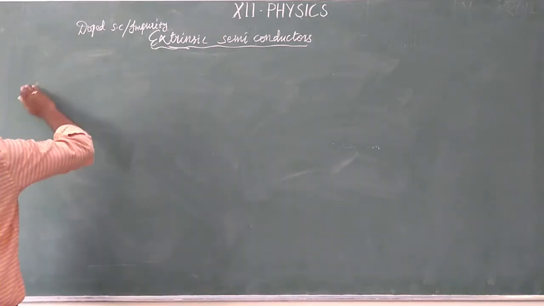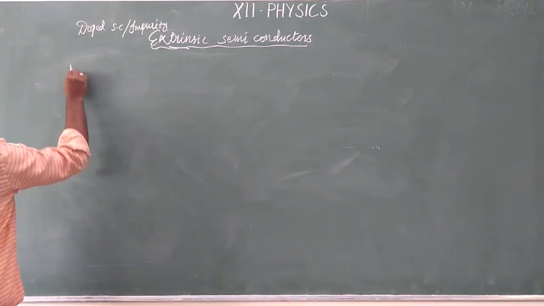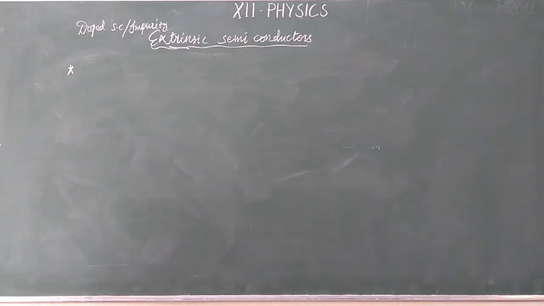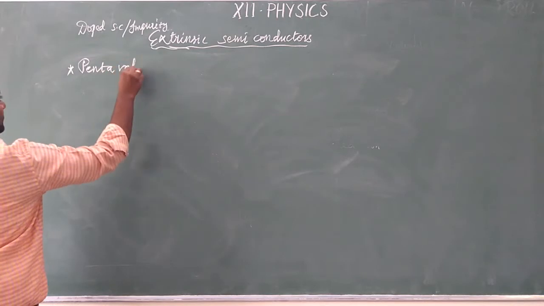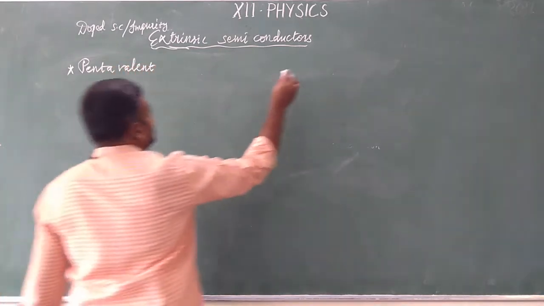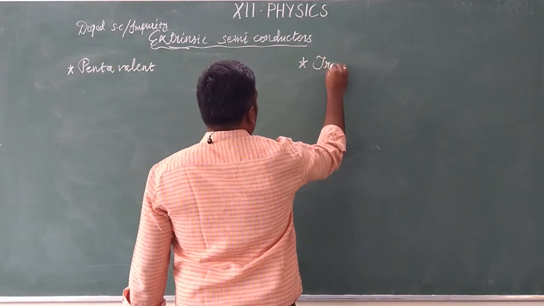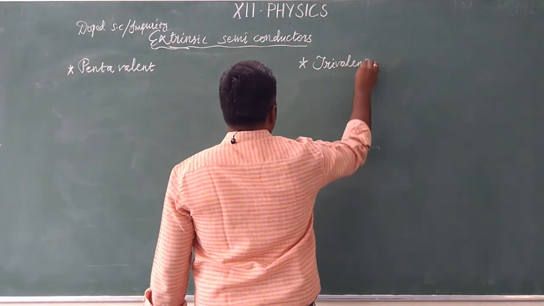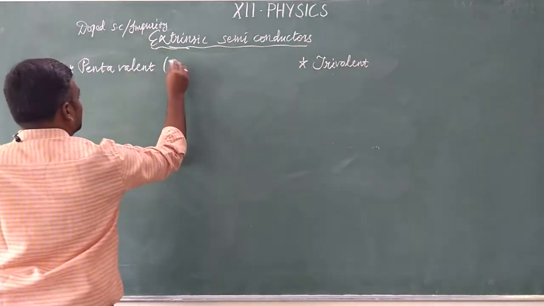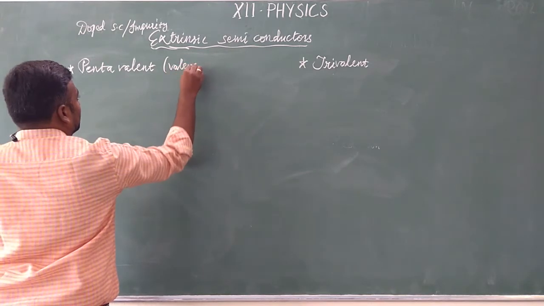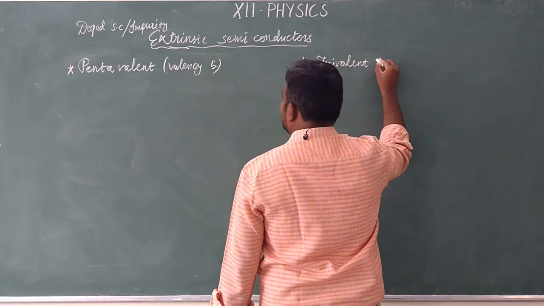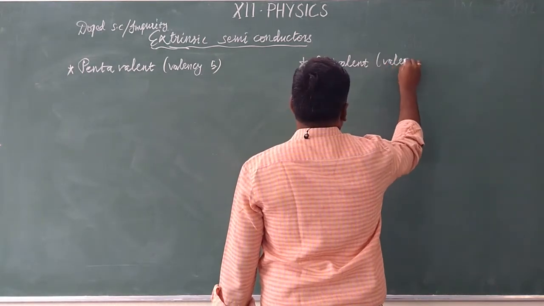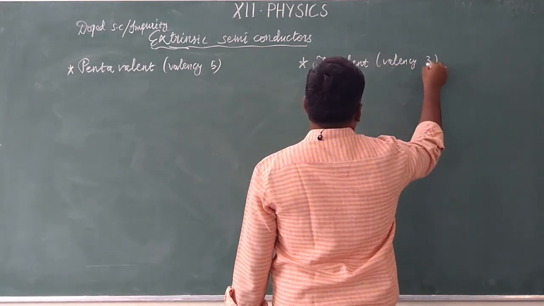So one is pentavalent, another one is trivalent impurity. In a pentavalent impurity, the valency is 5, whereas in a trivalent impurity the valency is 3.